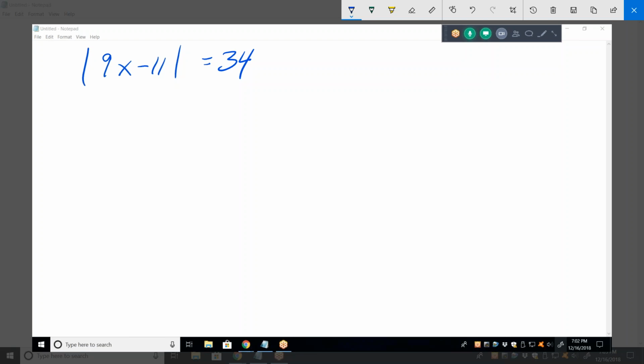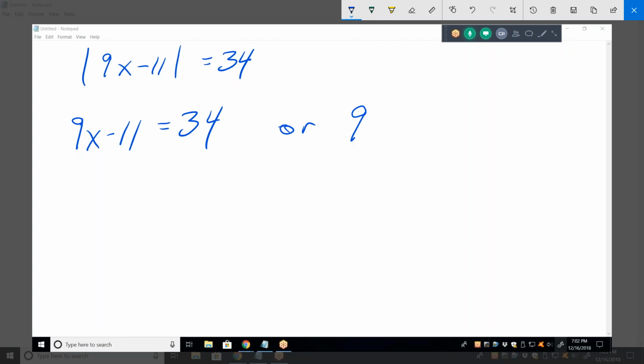First of all, absolute value problems almost always have two solutions. So the best thing to do is to put out the two equations that are true based on this first equation. What is true is that what's inside the absolute value sign is equal to 34. That's one equation.